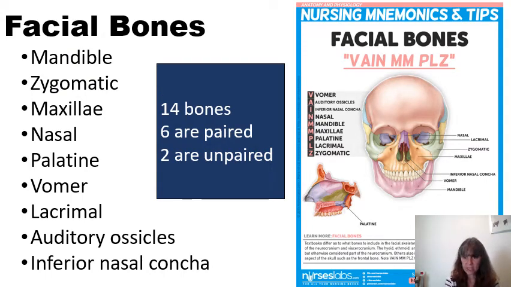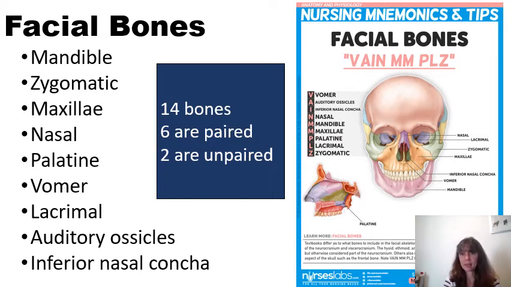There are 14 facial bones, and within these facial bones, most of them come in pairs. If we have 6 paired facial bones, that's 12 of the 14. The only 2 that are unpaired are the mandible and the vomer. There's a cute little nursing mnemonic if you want to learn this to remember what the facial bones are.